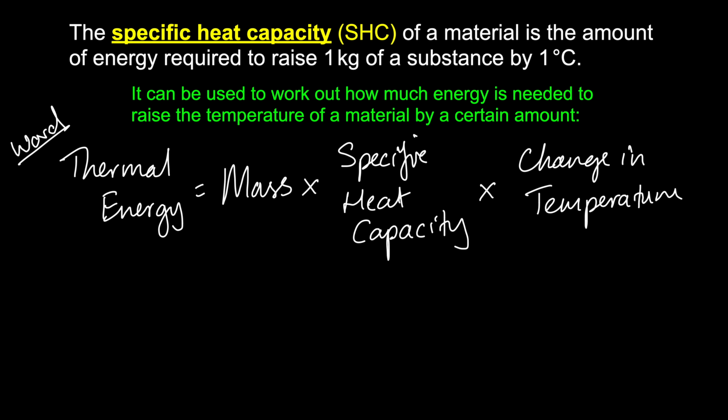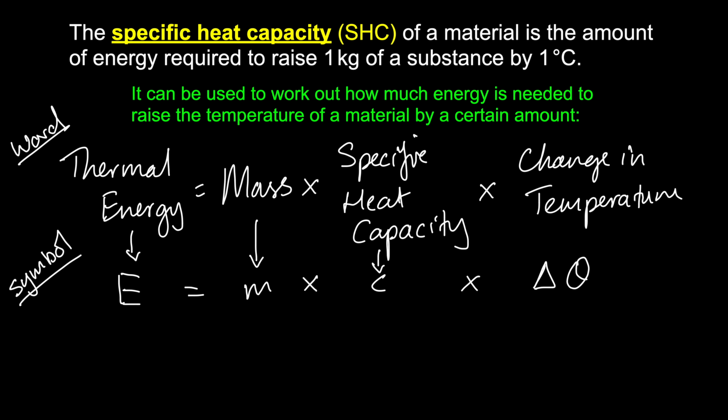The symbol equation, on the other hand, is given by E equals m times c times delta theta, where E represents energy, m represents mass, c represents specific heat capacity. The change is represented by the delta symbol, and temperature is represented by theta.